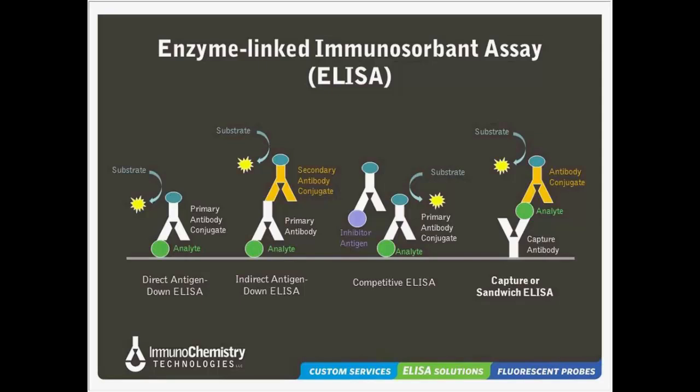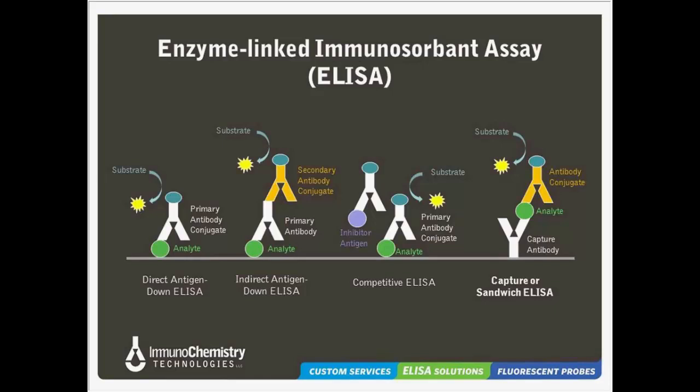In the case of a competitive assay here, the third one, this is kind of cool. If you have an analyte that's kind of small, and you really can't put stuff on there because sometimes smaller molecules are harder to modify, you could do a competitive assay where you absorb the antigen or analyte to the plate, and then you compete with, say, inhibitor or a competing antigen. So basically, you're trying to measure how much antigen is present in your sample, how much analyte is present.